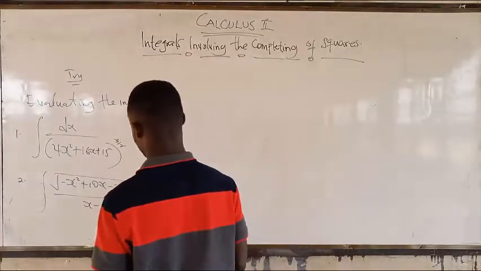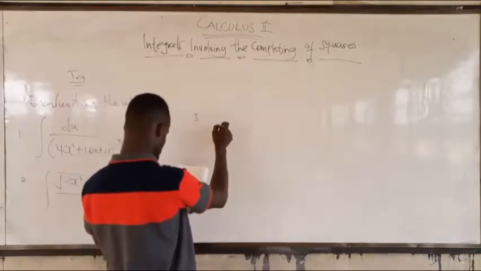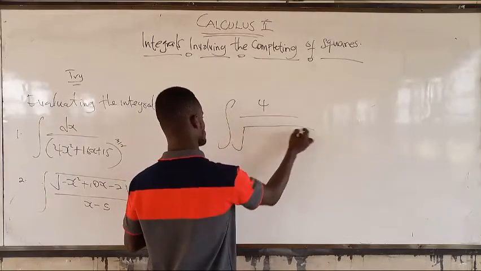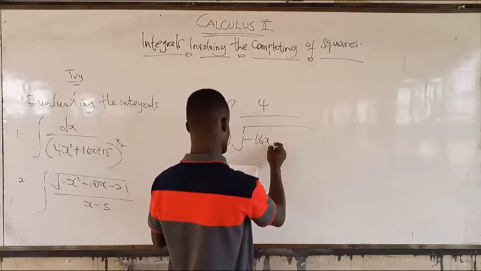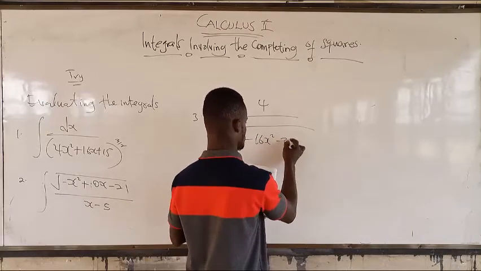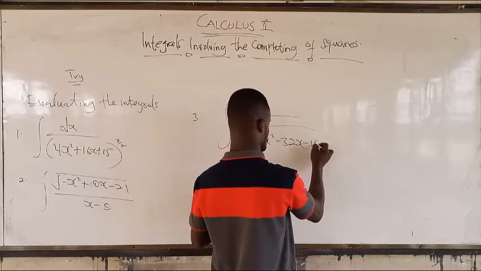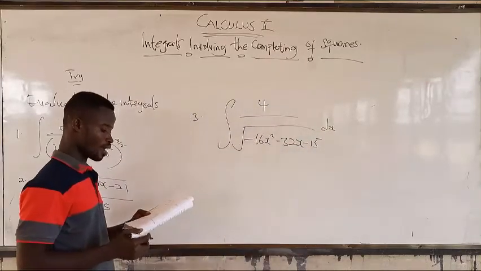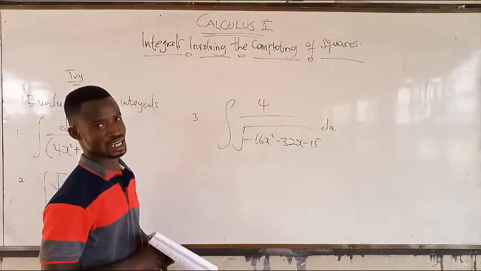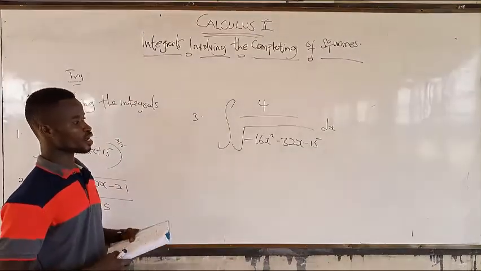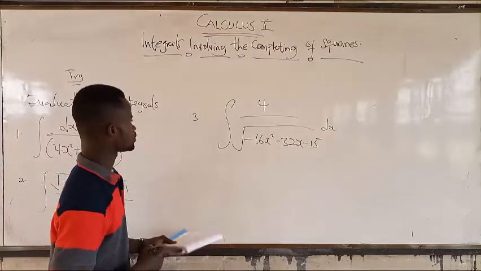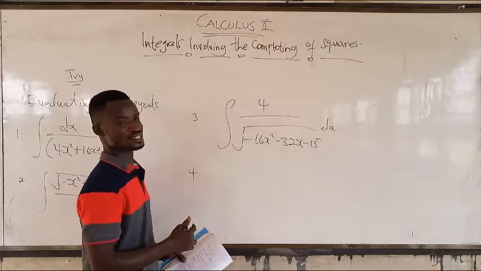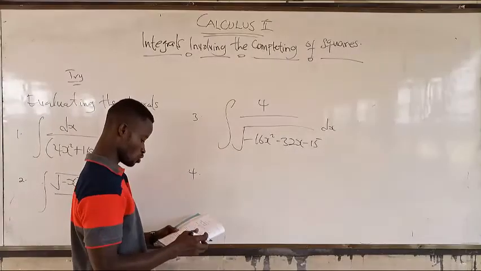What about this one? Alright, this one is also going to be nice to you. Last one: just complete the square of the inside and apply this substitution and go your way.